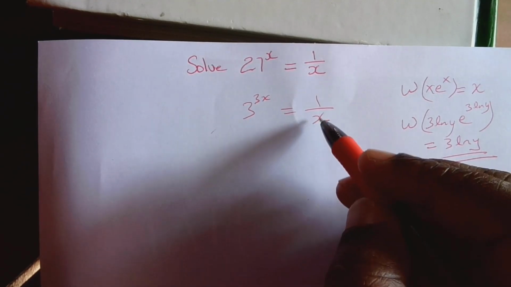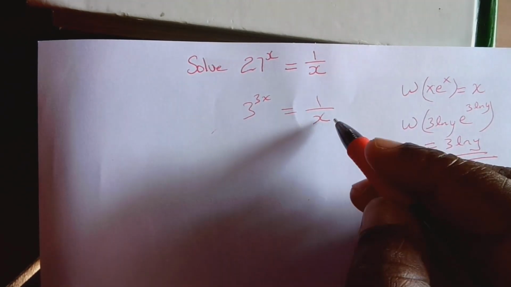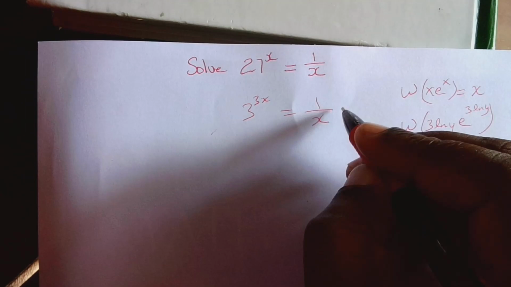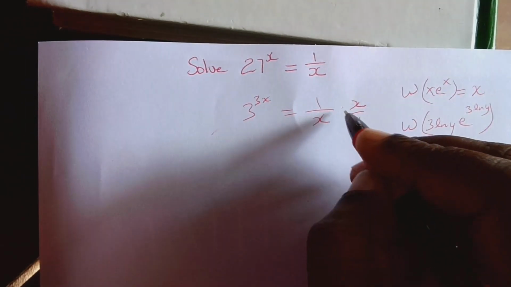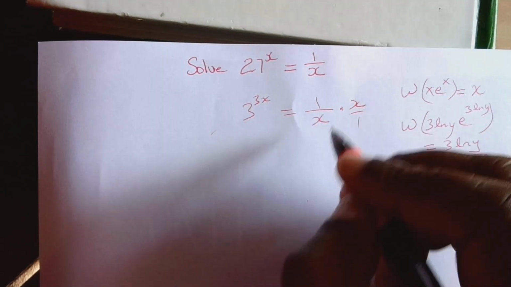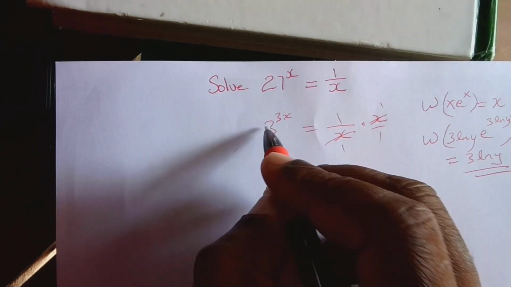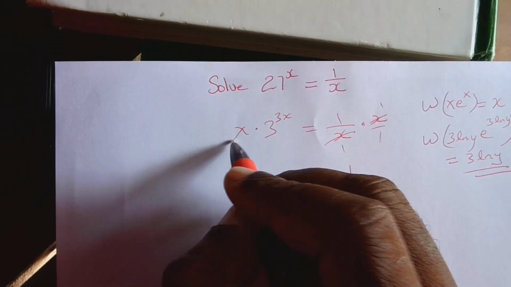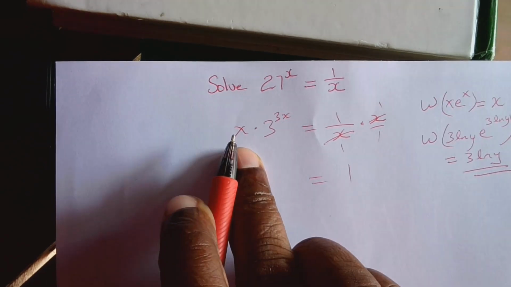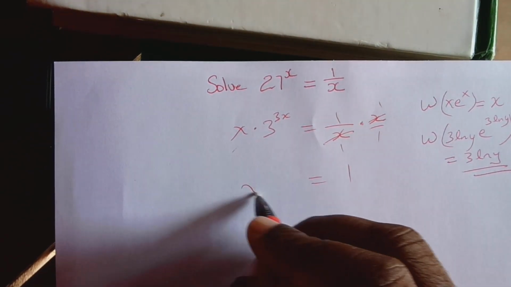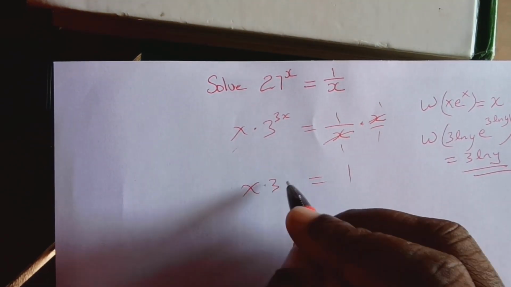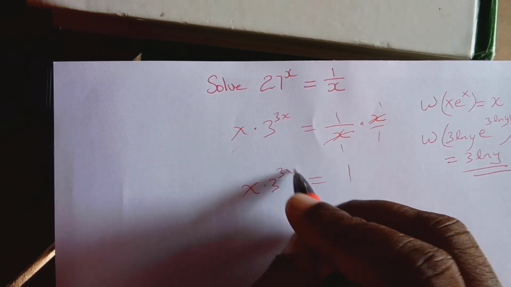So if we reciprocate 1 over x, which is going to be x over 1, multiplying them will give us 1. So multiplying this side by x over 1, its reciprocal, will give us 1. But we also need to multiply this side by x over 1, which is the same thing as x. So we can leave that as x times 3 to the power of 3x.